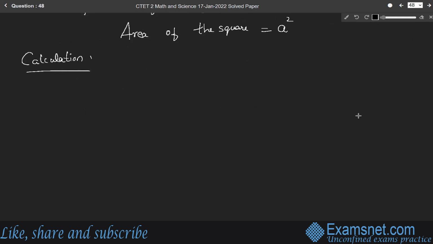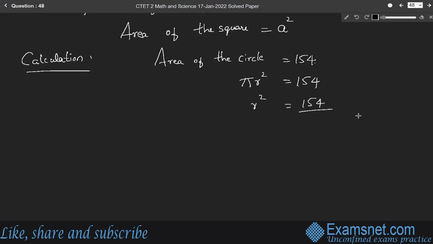Here. So according to the question, pi r square is equal to 154. So area of the circle is 154 centimeter square. So that is pi r square is 154. Therefore, r square is equal to 154 divided by 22 by 7.